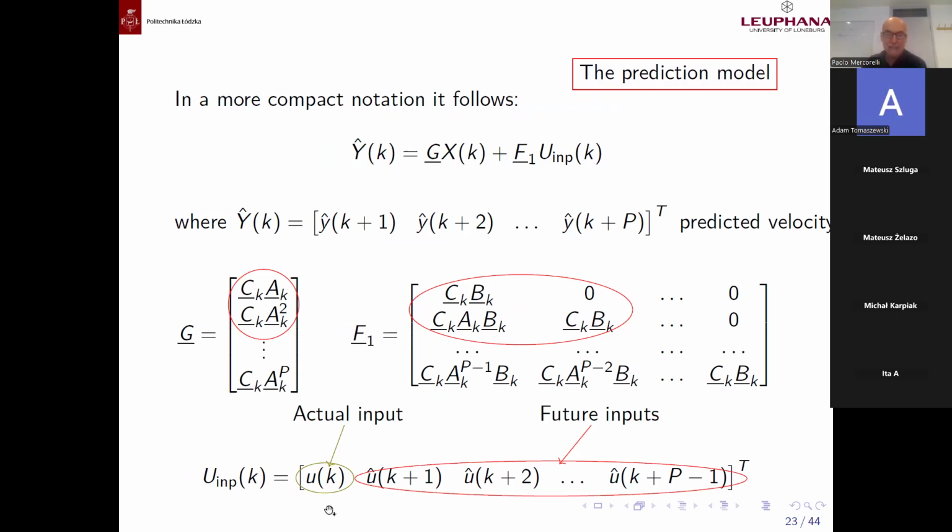The idea is to find at each step this expression, which is the input starting from today, the actual input, until P, until the future P. But of course, each time I will recalculate because something could happen.